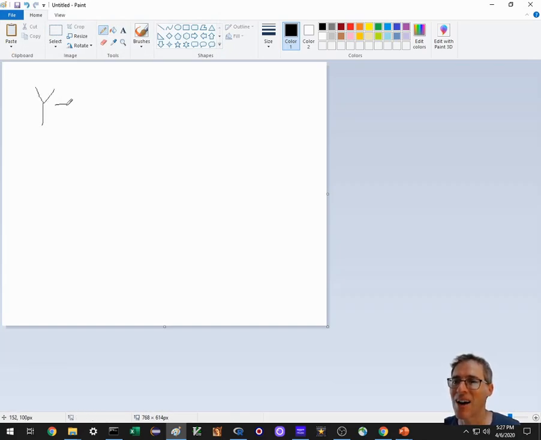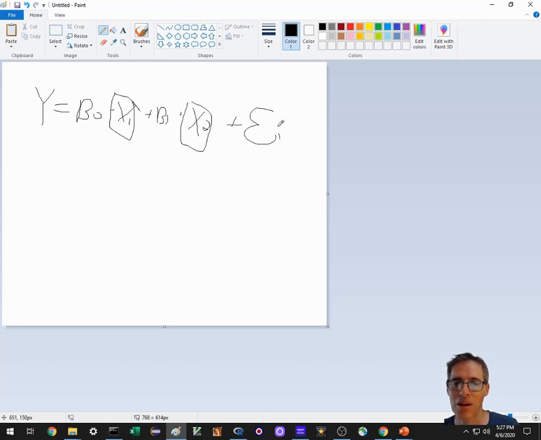If you look at a model that looks like this, B0 times x1 plus B1 times x2, we're trying to get a solution that minimizes the residual sum of squares, so we want to minimize these errors.